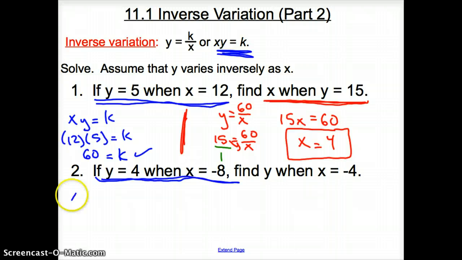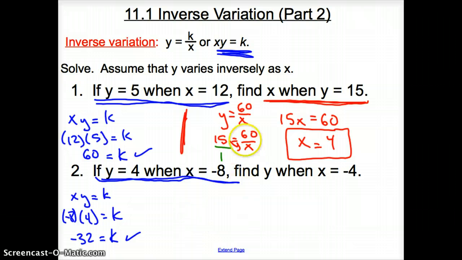So again, we take x times y, that's going to equal k. Well, now y is 4 this time, x is a negative 8, that's going to be k. So k now equals a negative 32. Now with this 32, we're going to plug it in for our y equals k over x. Now we have y equals, what is our k?